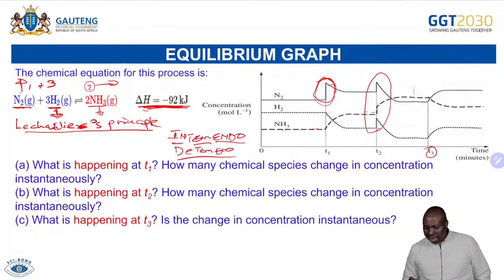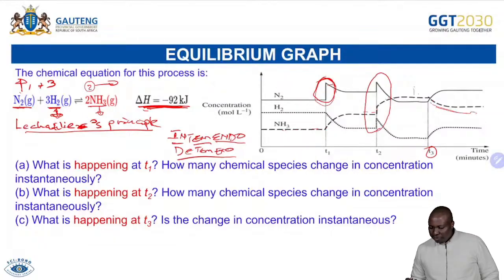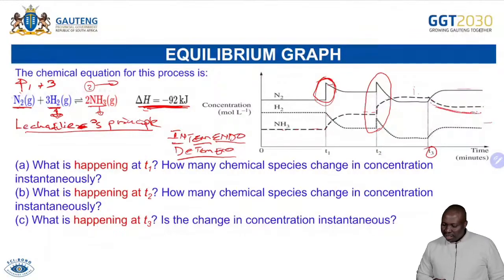So it's important that we check now which one is exothermic, the forward reaction. Is the forward reaction favored? No. This dotted line here is decreasing, which means the forward reaction is not favored. Which one is favored? The reverse reaction. You can see that the N2 graph is increasing and the H2 graph is increasing, which means the reverse reaction is favored.